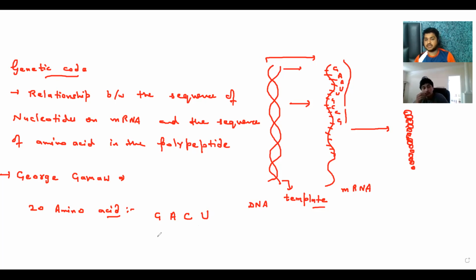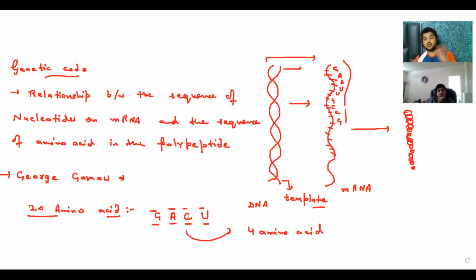Thymine is not there for the mRNA. So four types of single code only code for four amino acids, but we need 20 amino acids.